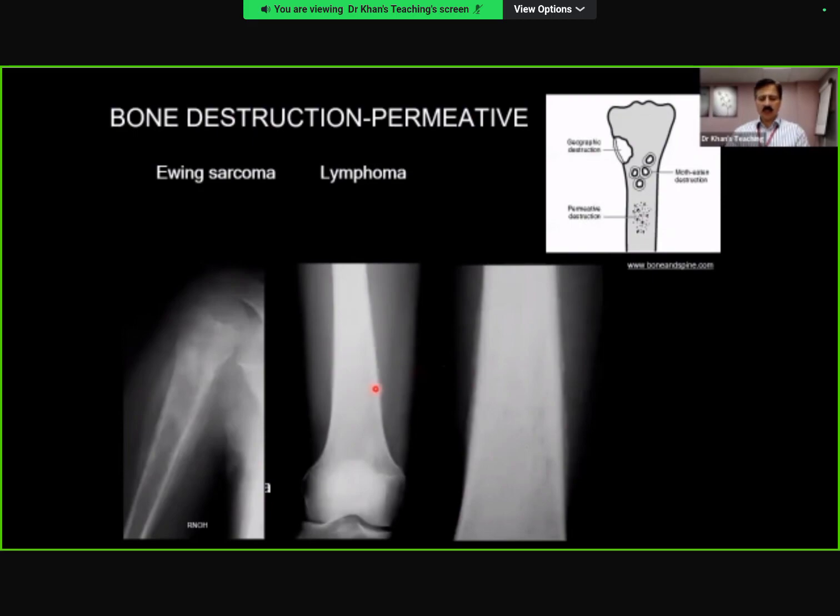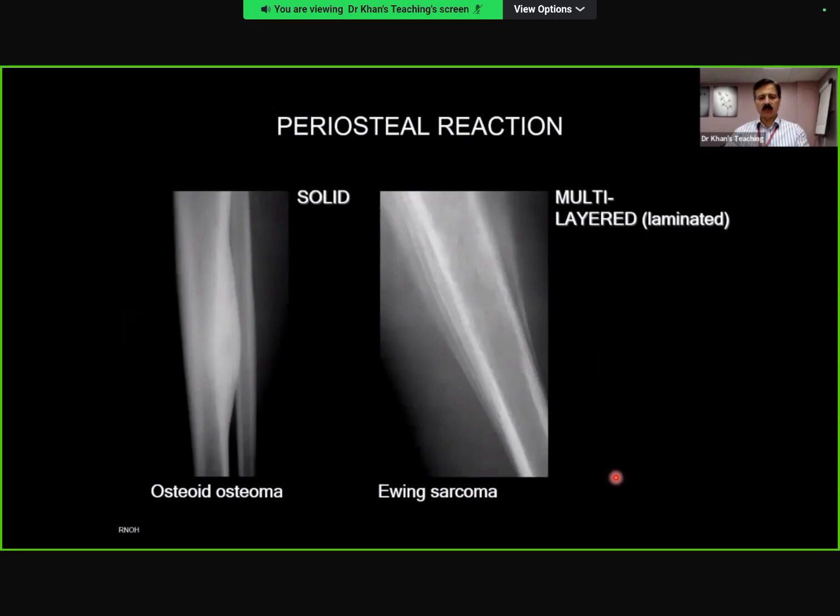If you see this, and this is an enlargement, look at the marrow, it's not normal, and then there is evidence of periosteal reaction, which tells you that something is wrong. So permeative bony destruction exam cases are extremely important. I'll show you cases from this category.